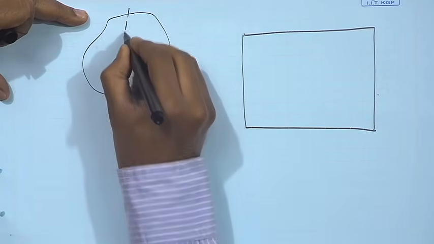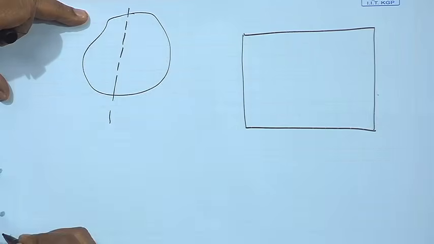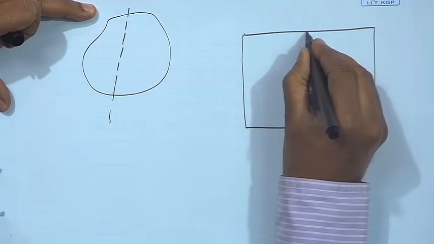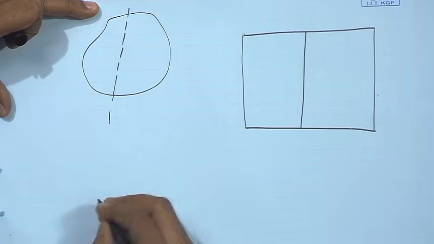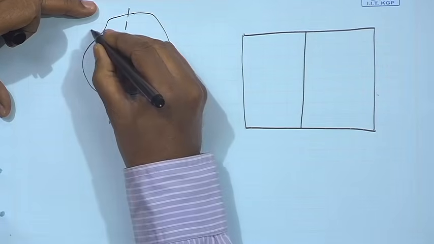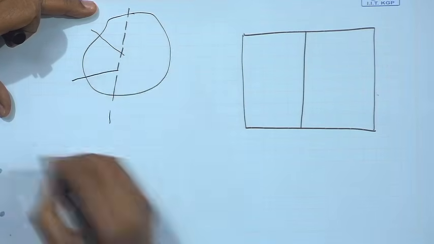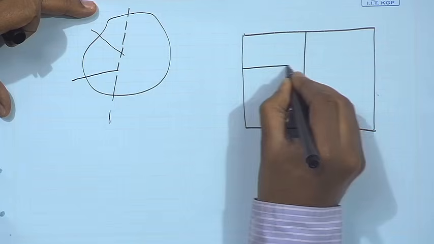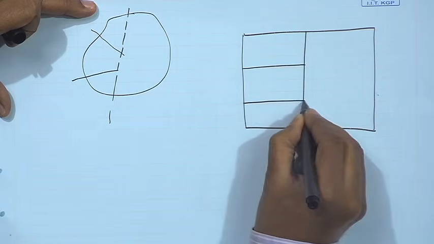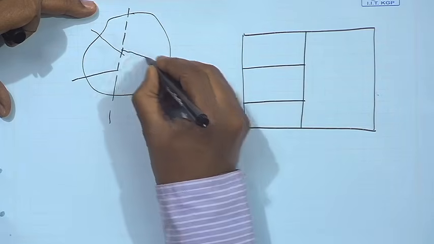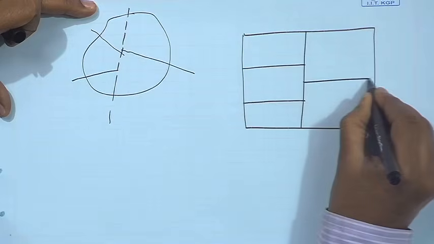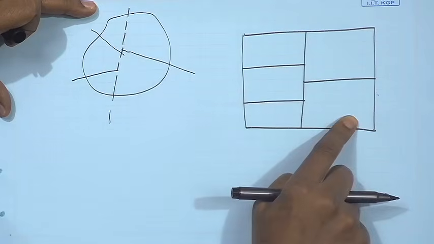You partition this netlist into 2 parts. In the floor plan, this corresponds to 2 parts. You partition this into 3 parts, let us say. Here itself you partition the floor plan into 3 parts. Here you partition it into 2 parts. Here you partition in 2 parts. So, there is a one-to-one correspondence.